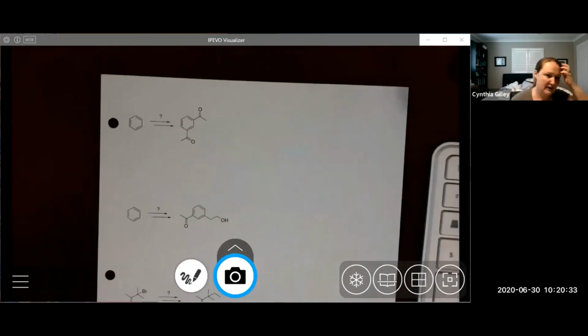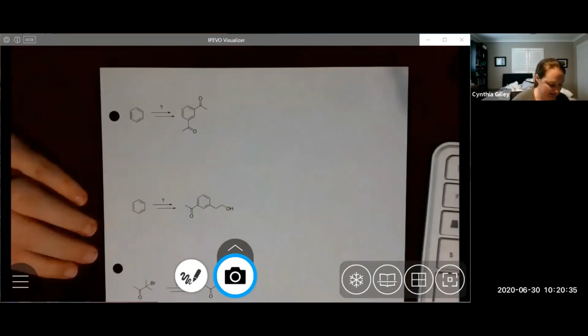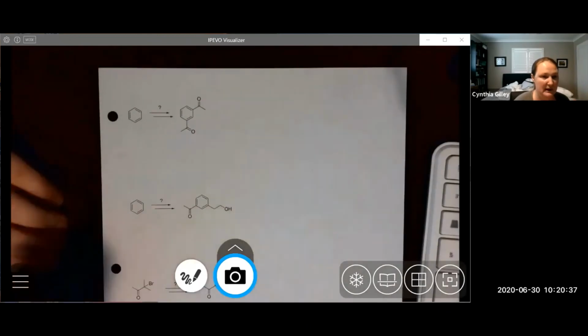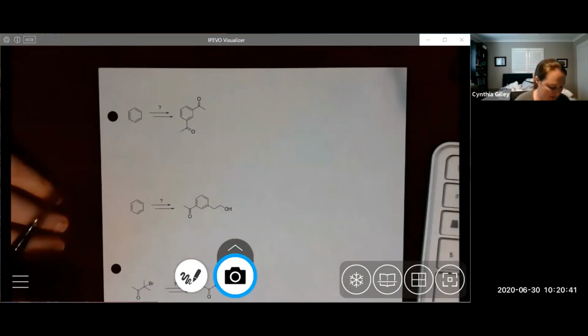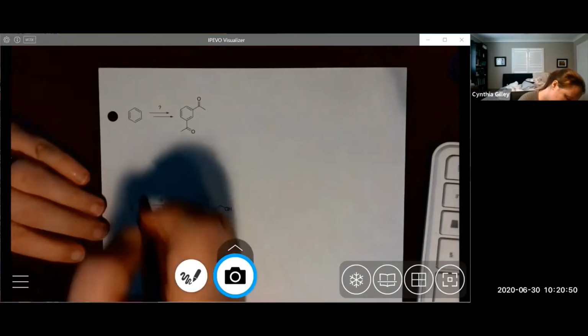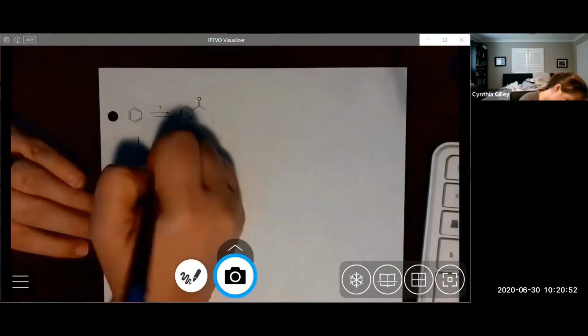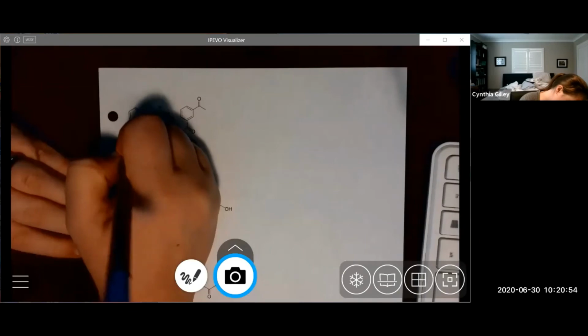Okay, now we have the same sort of synthesis, except we want these 2 groups meta to one another. So if I were to brominate first, that would be a problem because the bromine would be a para director. So in this case, I think I might want to do the ketone reaction first.